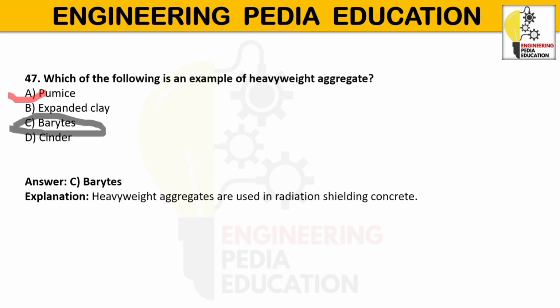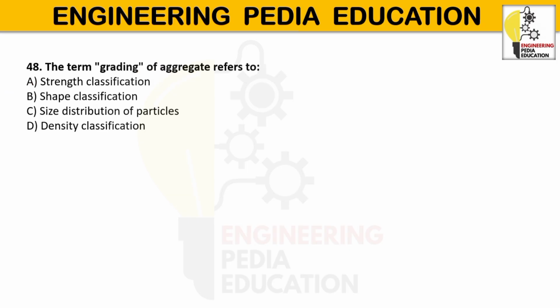The term grading of aggregate refers to strength classification, shape classification, size distribution, particle density classification. Correct option is size distribution of particles. Grading refers to how the different sizes of the aggregate are distributed according to the IS code.